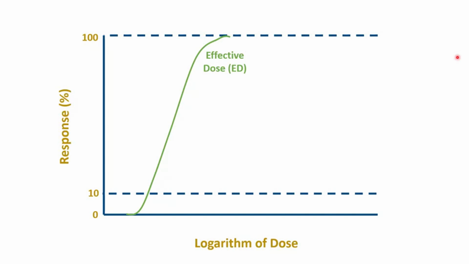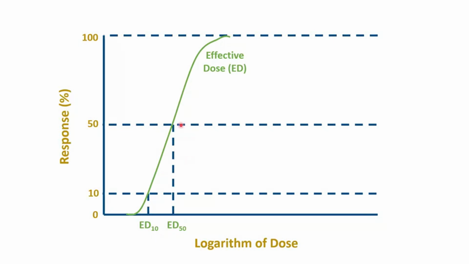Some ways to do it would be to look at the effective dose where we have a mean response of 10%. So we could say ED for effective dose, subscript 10 for 10%. Another common way to describe this would be where we have 50% of the population responding. So this dose corresponding to this point could be described as the ED50.